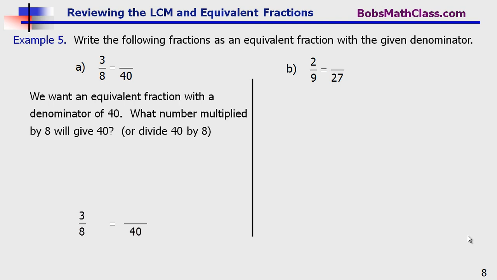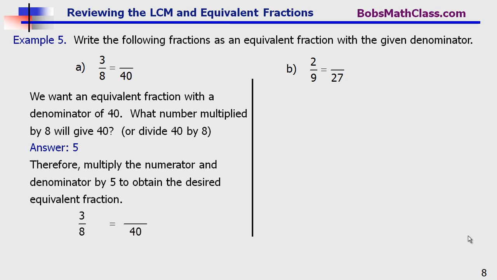What does that give us? 5. So now we are going to multiply the numerator and denominator by 5 to obtain the desired equivalent fraction. So multiply both top and bottom by 5. And what does that give the new numerator as? 15.